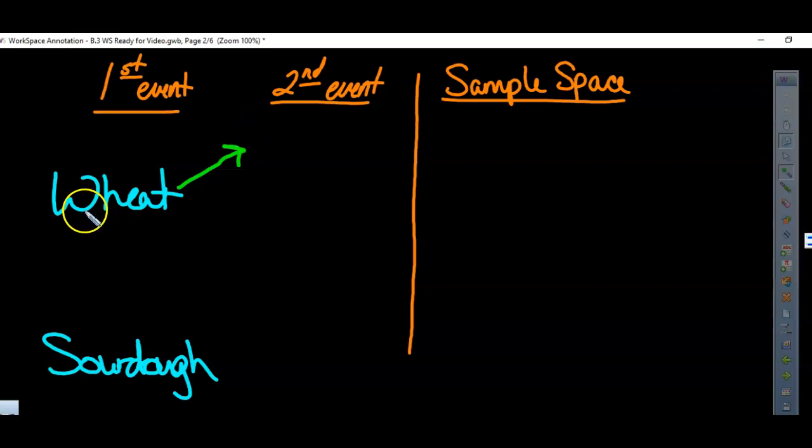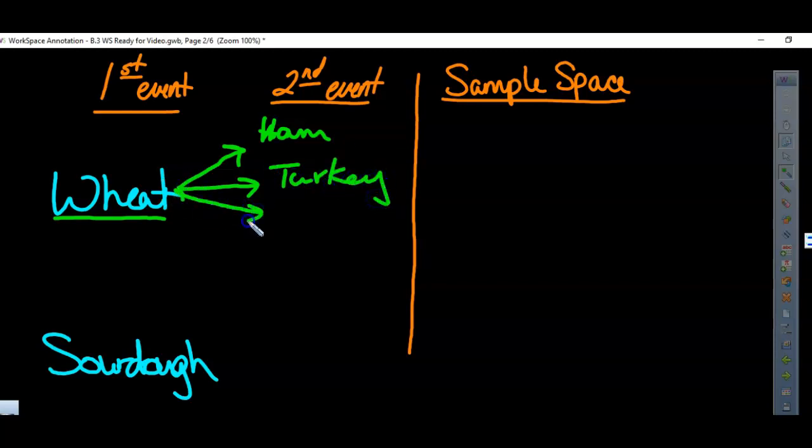So if I picked wheat bread, I could pick ham, I could pick turkey, and notice how every arrow is starting at wheat, and then we go directly to that choice of meat. Steak, or we could even pick chicken.